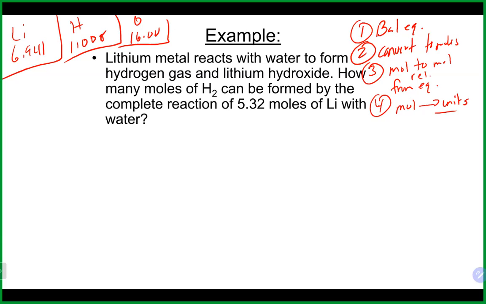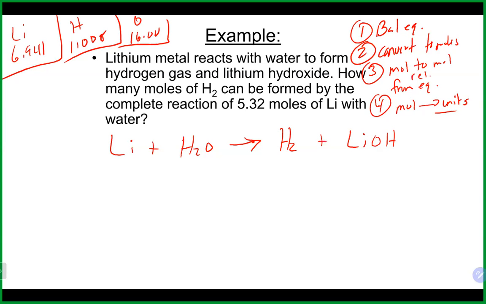Lithium metal should be Li, yeah. Reacts with means plus water, which should be H2O. Forms means an arrow, yes. Hydrogen gas is diatomic, it is H2, and lithium hydroxide is LiOH. There you go, pick it up from there, yeah.